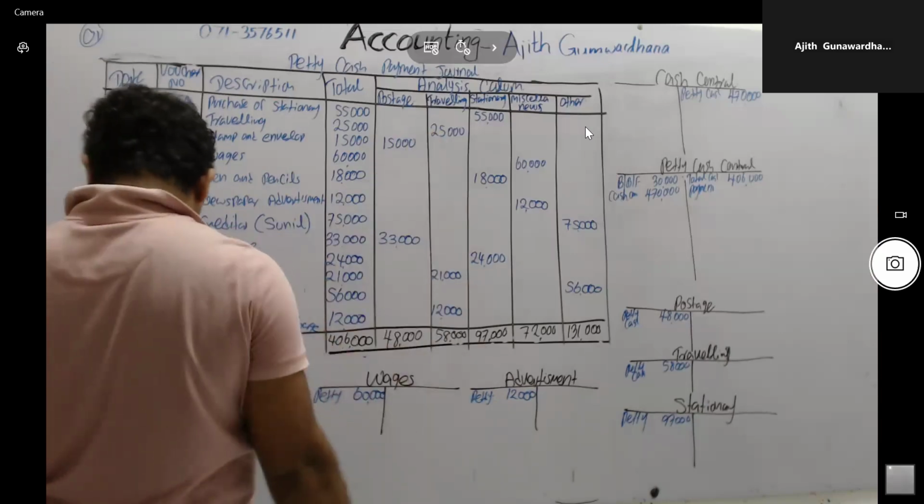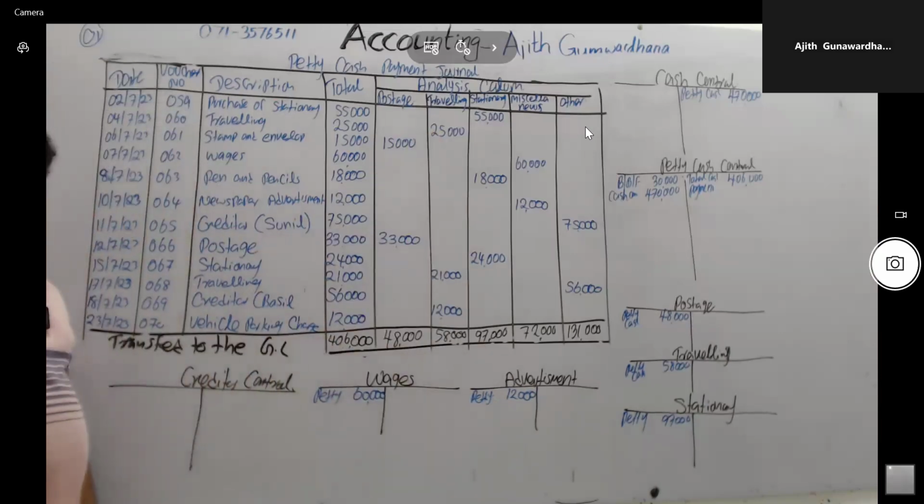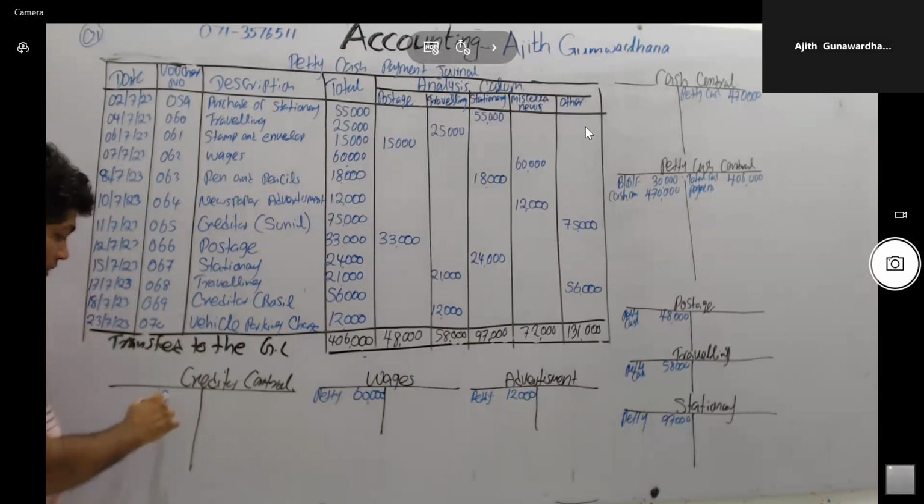But think, the other column available is payment for creditors. Its total value equal 131,000. Creditor control account debit 131,000 as a petty cash.